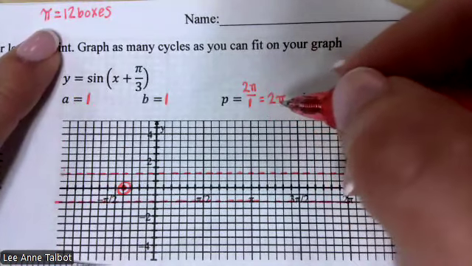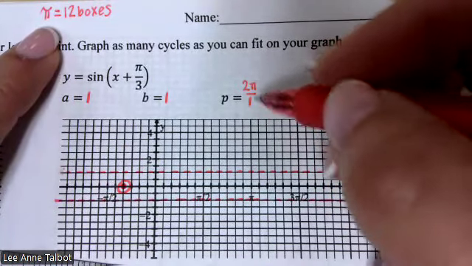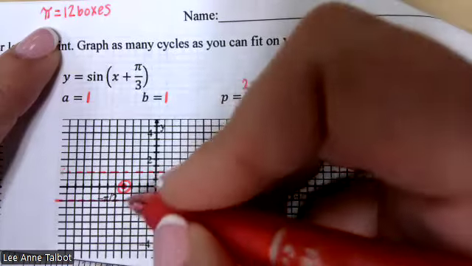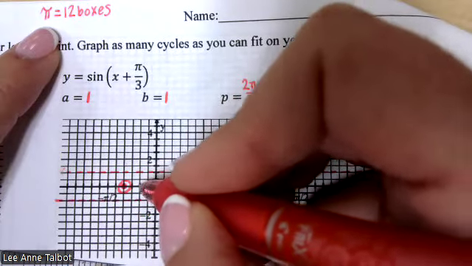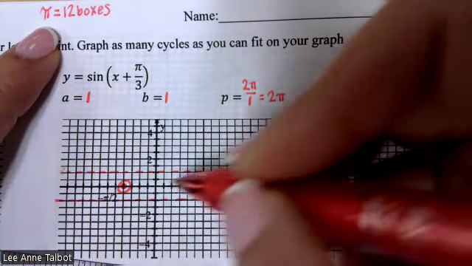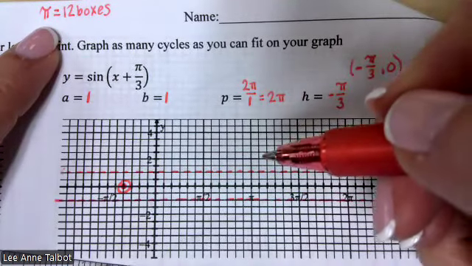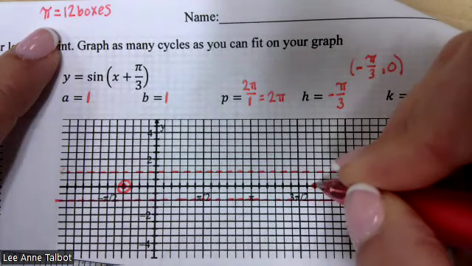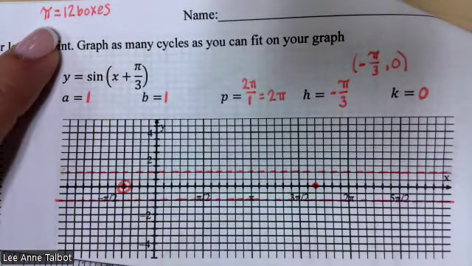Now, if pi is 12 boxes, how many boxes is 2 pi? 24 boxes. So count 24. So 1, 2, 3, 4. Yeah, you could do that. Now I lost my count, Sean. It is. You're right. Because it's technically a shift left 4 boxes.